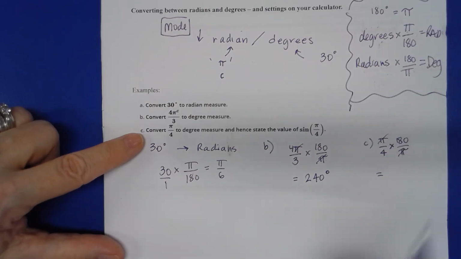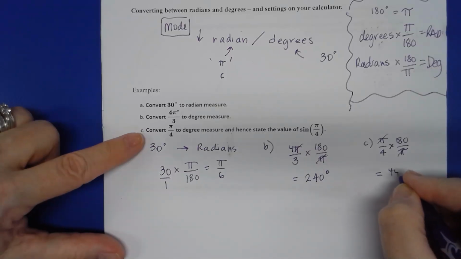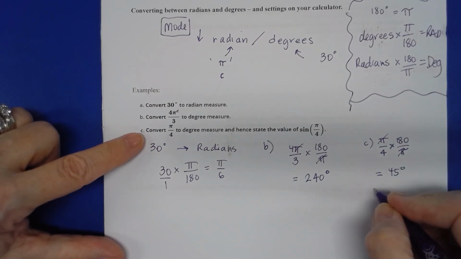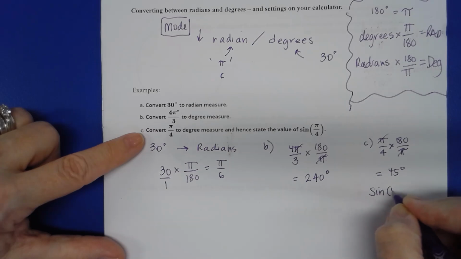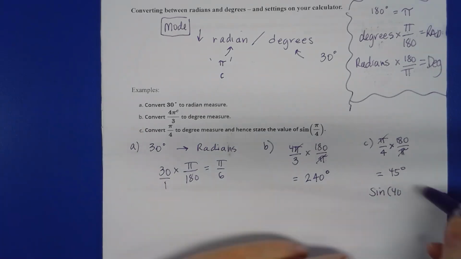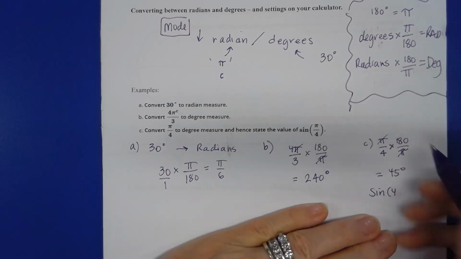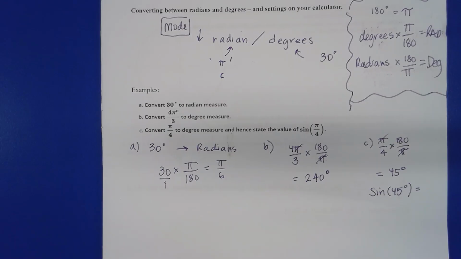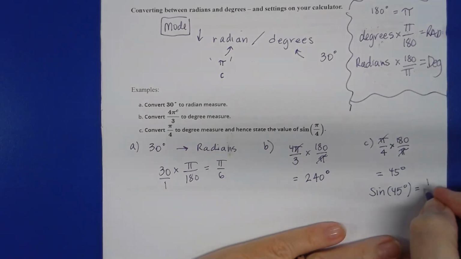Pi's cross out. And how many times does 4 go into 180? Yep. And you know what the sine of 45 degrees is. Because it's in your notes, and you're going to memorize it. 1 over the square root of 2.